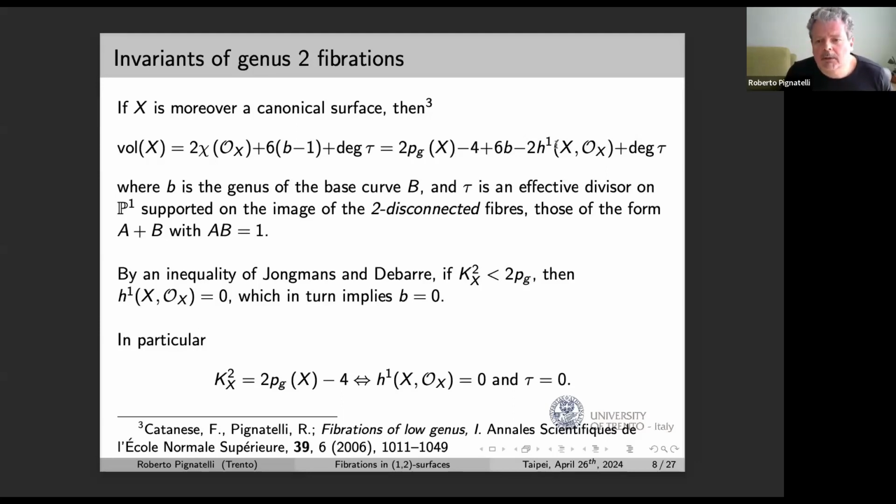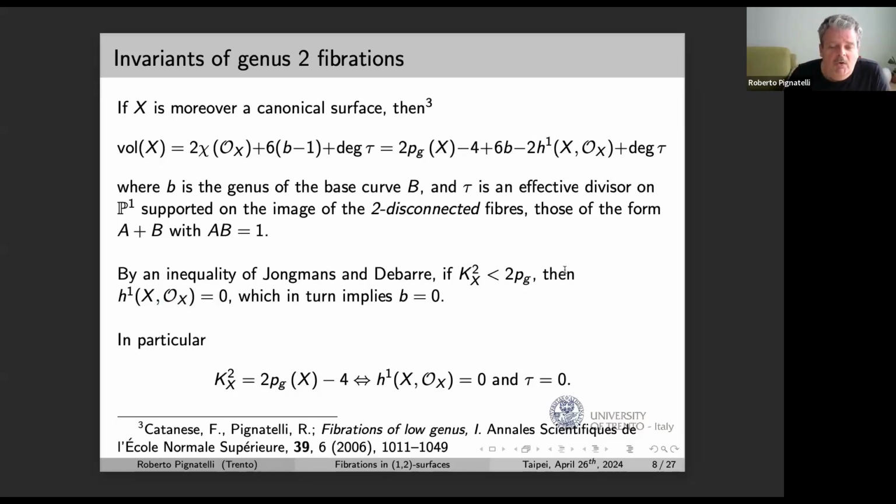This is a little odd for me, since I want to discuss the Noether inequality. The Noether inequality says that the volume is bigger than 2pg minus 4, so I would like to have just positive numbers, and this little negative number is in fact not there by an inequality, a famous one of Debarre and Xiao Gang: for irregular surfaces, those with h1 positive, K squared is at least 2pg.